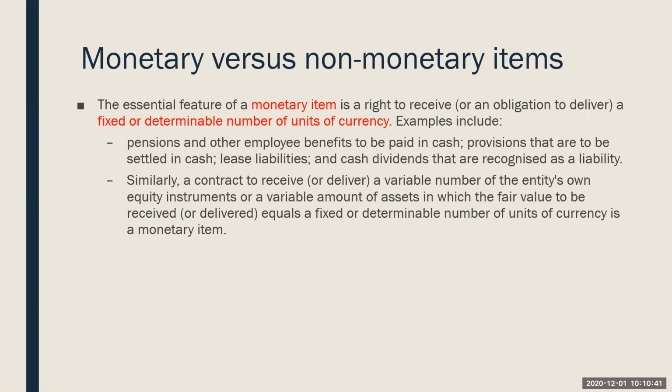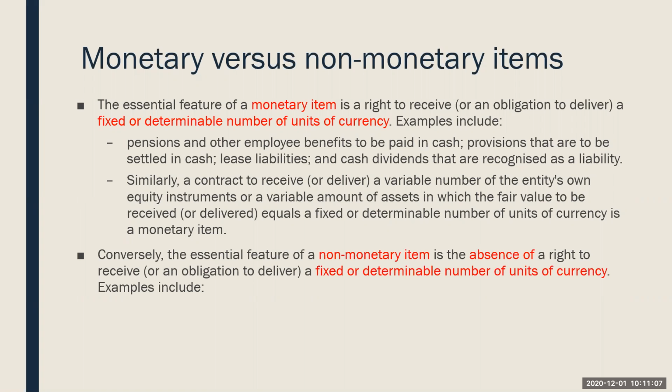Similarly, a contract to receive or deliver a variable number of the entity's own equity instruments or a variable amount of assets in which the fair value to be received or delivered equals a fixed or determinable number of units of currency is a monetary item. So bottom line, the dollar value should be fixed.